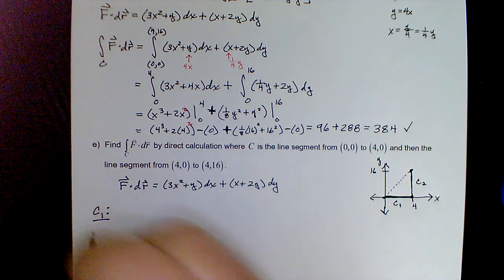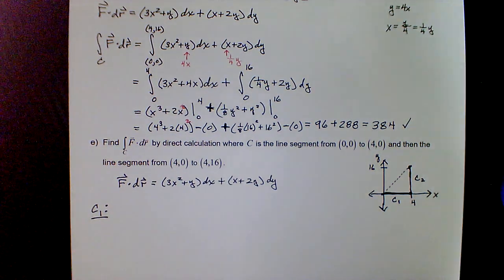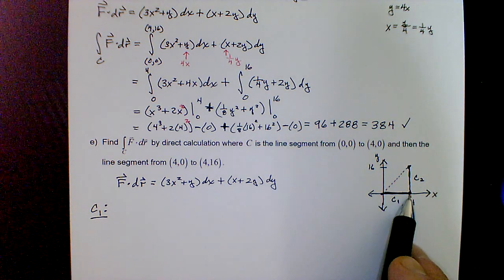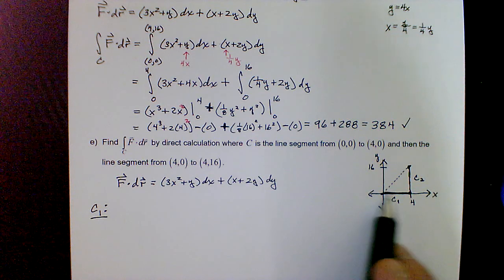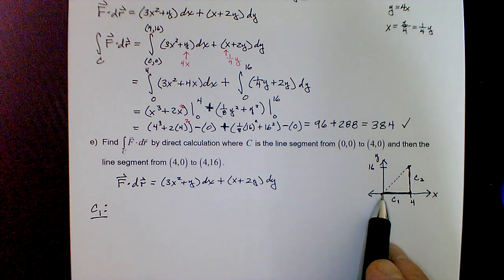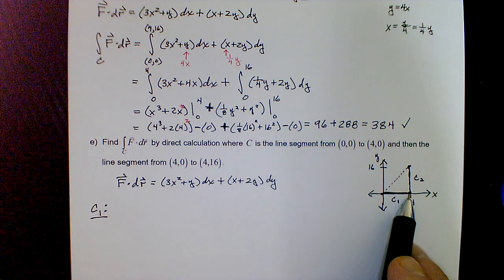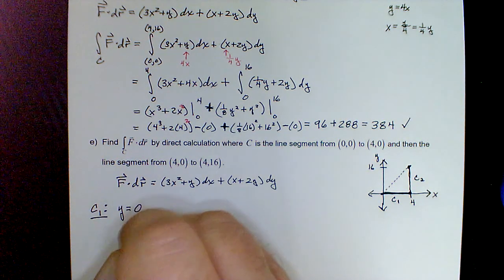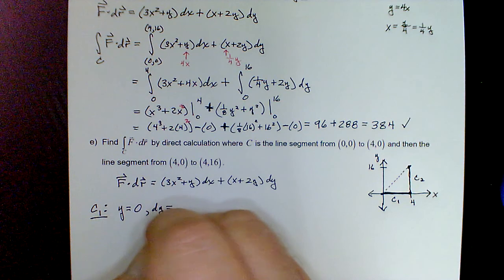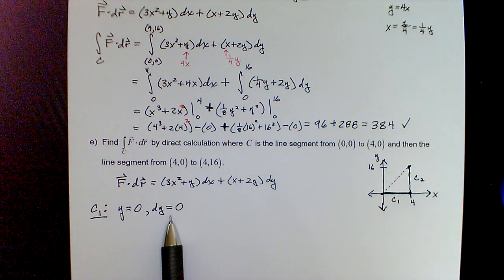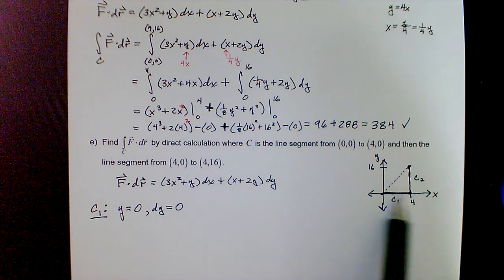This is where you have to examine the graph and notice that x is changing, but y is not changing, and at the same time y is always 0. So two things that we could note are that y is 0 and the differential dy is 0. Because there's no change in y, that's why dy is 0. And y is always 0 because we're always along the x-axis.